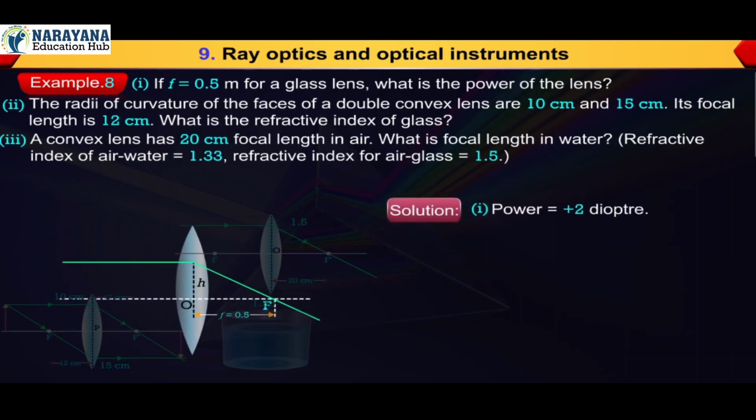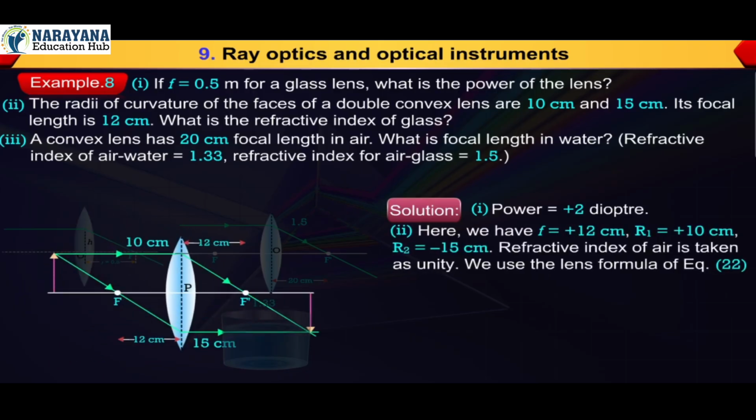Solution. Number 1. Power is equal to plus 2 diopter. Number 2. Here we have f is equal to plus 12 cm, r1 is equal to plus 10 cm, r2 is equal to minus 15 cm. Refractive index of air is taken as unity. We use the lens formula of equation 22.